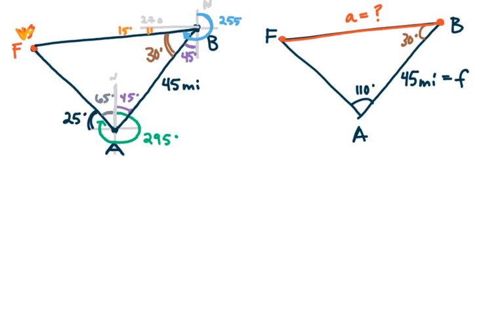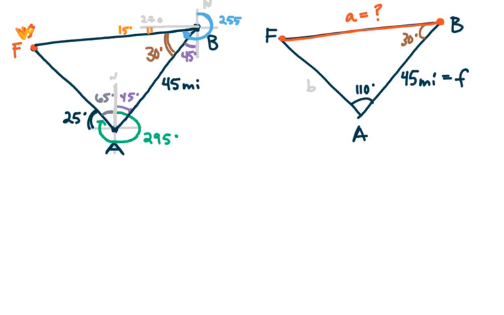So if I use my law of sines to find this, I need a over sine A. I've got an unknown. I would either need b over sine B, I do not know little side b, or f over the sine of F. What is the measure of angle F?